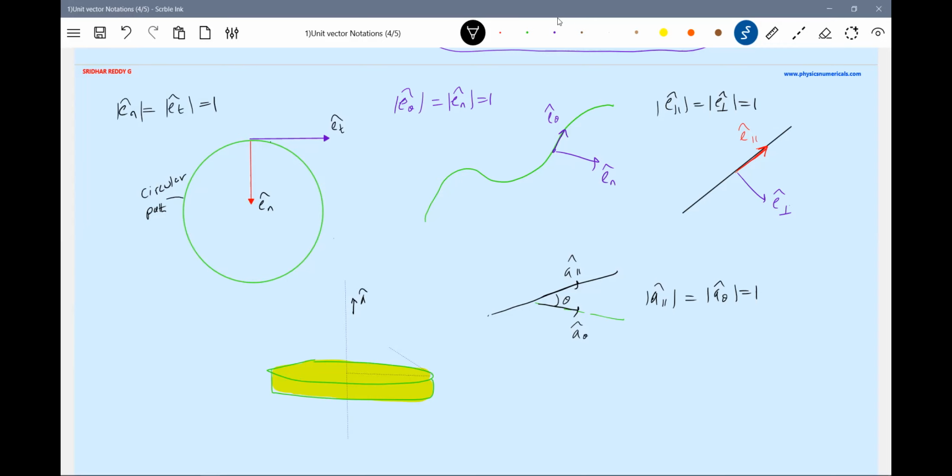It's not that you have to use only e; any symbols will do. This is one unit vector, A cap. There is another unit vector perpendicular to it, B cap. Usually there is a unit vector along the axis. I'll do one thing: one unit vector will be in this direction, which I will write as e_radial, and a unit vector tangential to it. What is the magnitude of all of them?